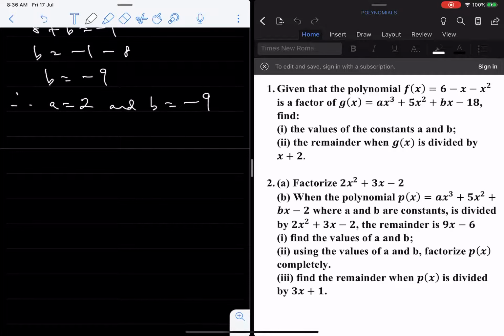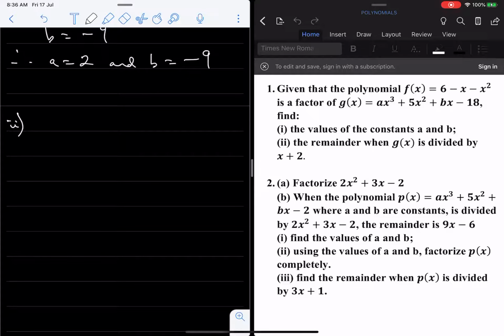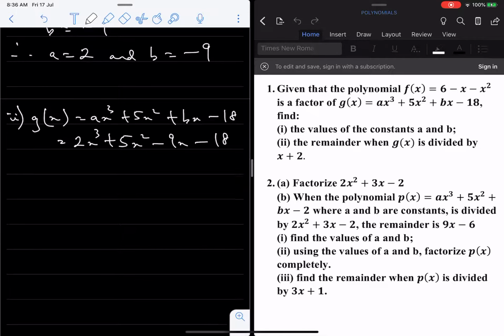Down to Roman figure 2, which says find the remainder when g of x is divided by x plus 2. Now that we know the values of a and b, we can write g of x in full, and that means g of x, which is ax cubed plus 5x squared plus bx minus 18, is the same as 2x cubed plus 5x squared minus 9x minus 18, because b is minus 9.